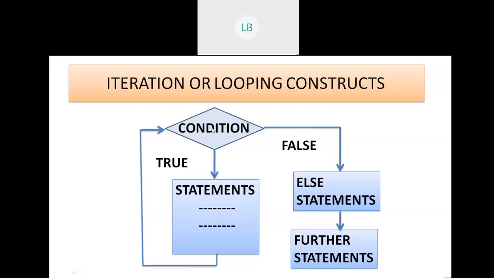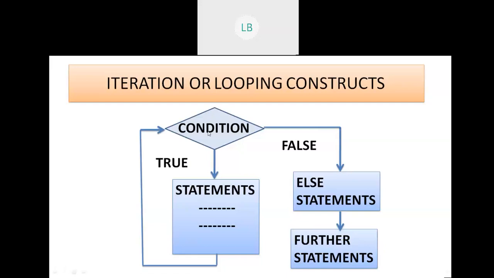The control checks the condition. If the condition is true, this true block will be executed and the control will go back to the condition. Again, the condition will be tested. This process will continue till the condition remains true.